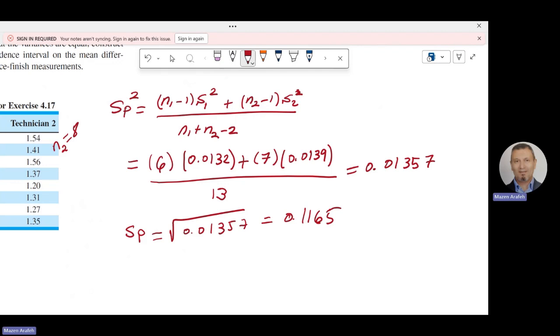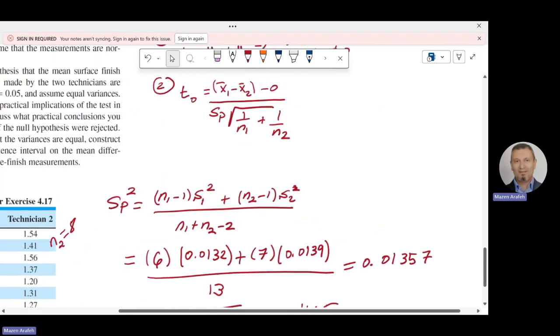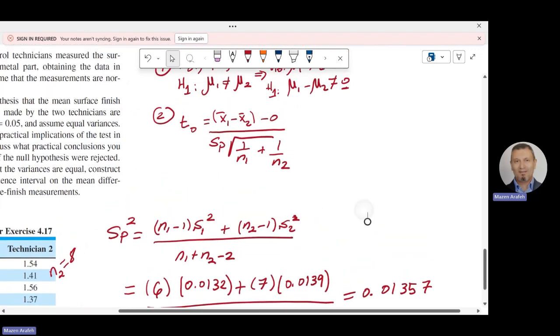Okay, so now that we calculated the pooled standard deviation, we go back to this equation and put in my values. I calculated also the mean of each sample.